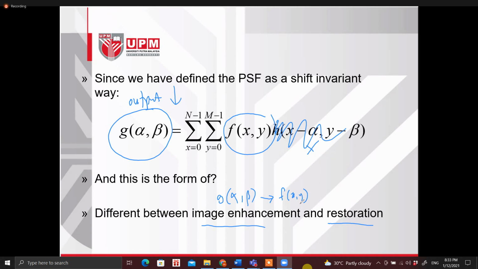Remember, this particular H function I mentioned earlier has a good effect and a bad effect, but most of the time it has a bad effect. The degradation is a convolution between F and H. F is the input image, the best image, the original image.